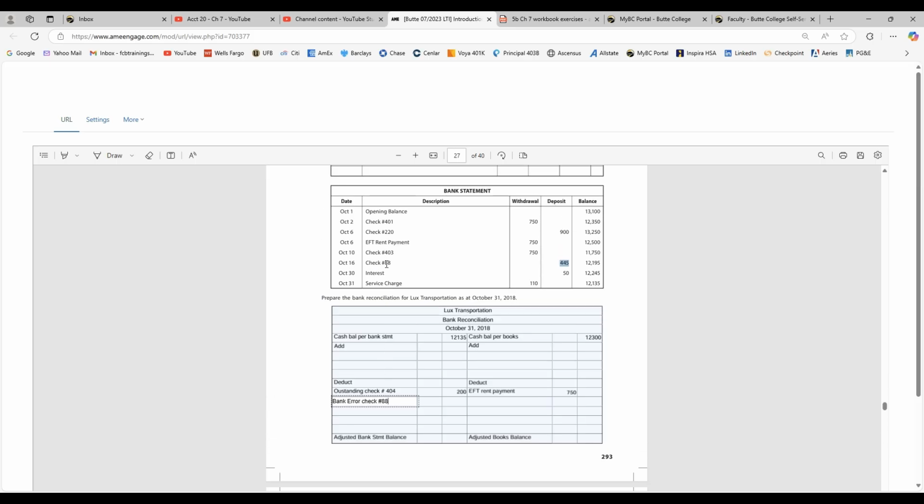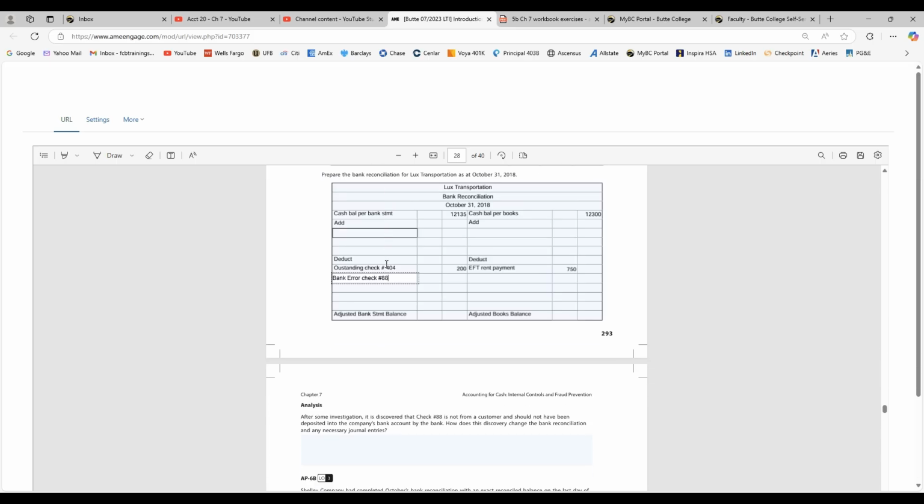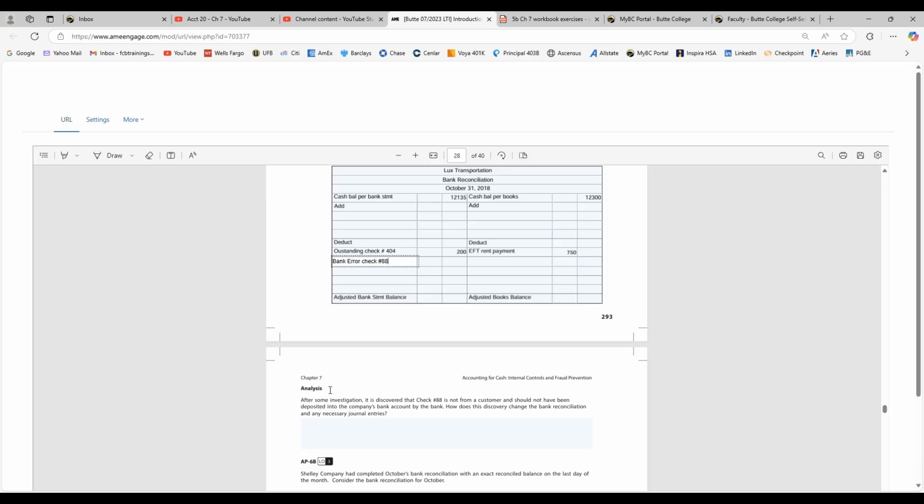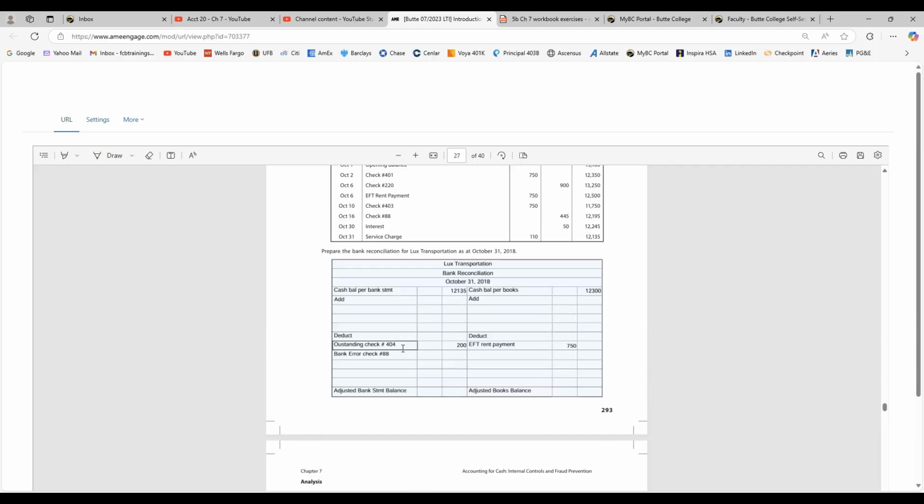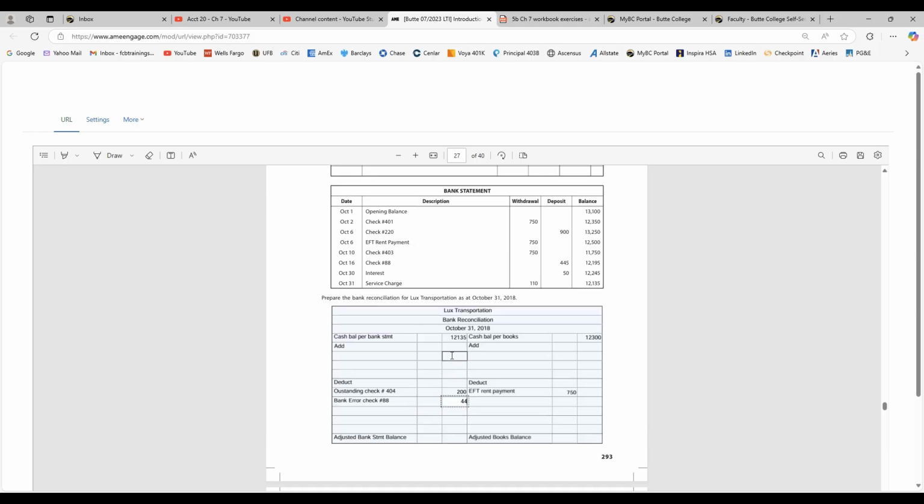Oh, it could have been a deposit. I guess it could be from someone else's. But what I do know, as you look at this, is that check 88 is not from a customer and should not have been deposited into the company's bank account. So basically, it's an error on their side, and they do need to deduct it because they gave it to us, but it really shouldn't have.